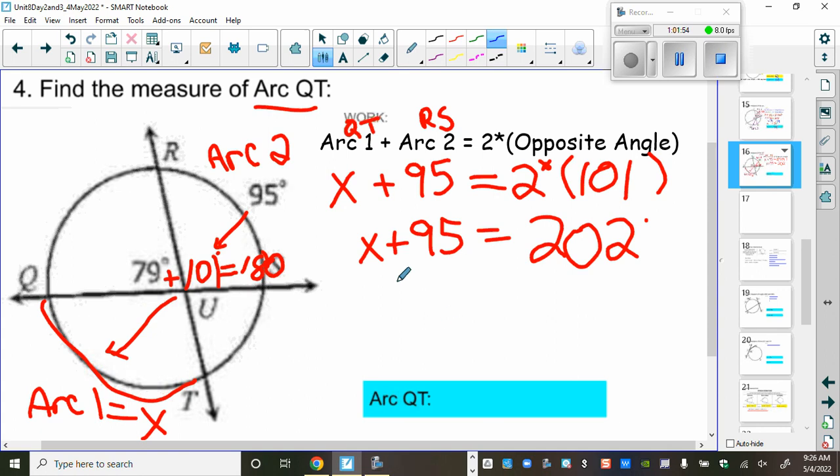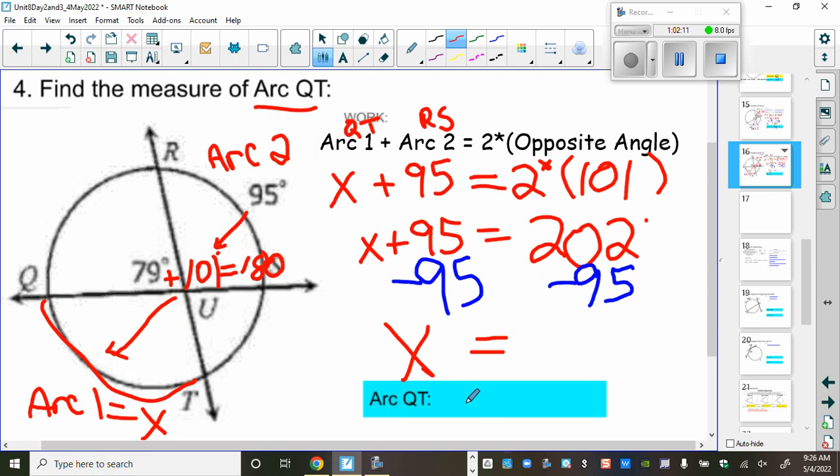That's it. Yup, there you go. So let's subtract the two numbers. What do we get? So then arc 1, this arc right here, is going to be 107.